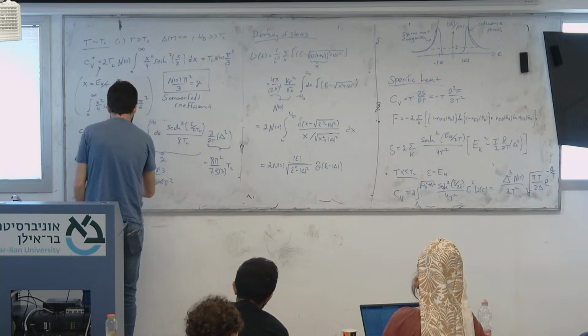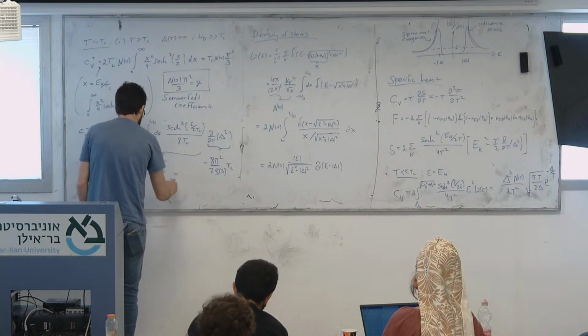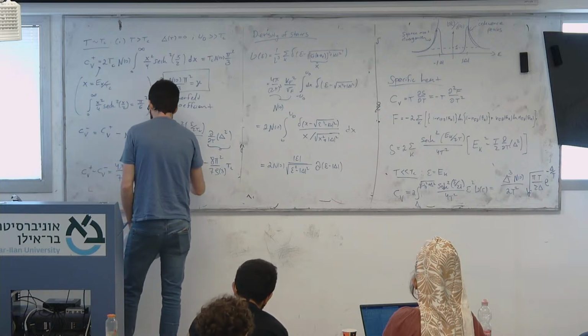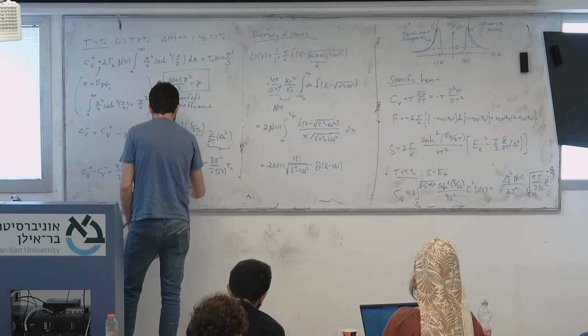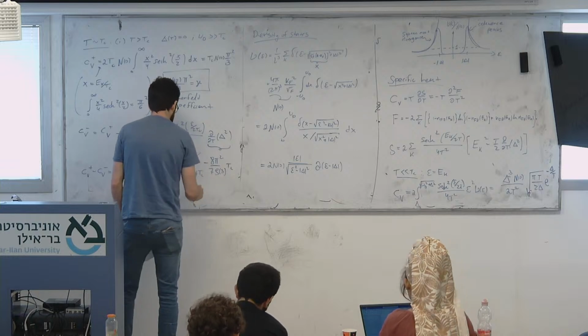So this then cancels with that, and we have 12 times tc, 12 7 zeta of 3 times gamma tc.